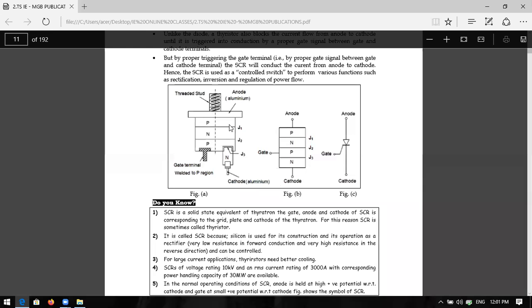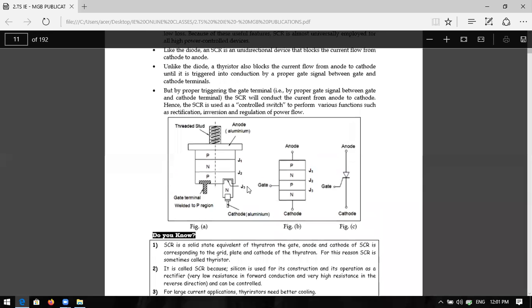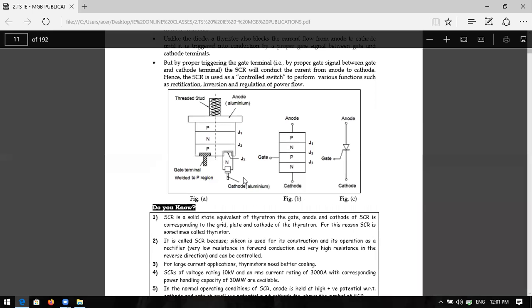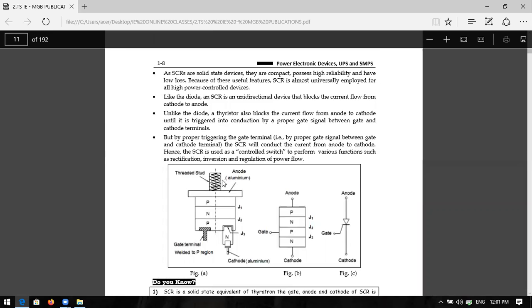Construction-wise it is like this. You take the gate terminal here, the anode is connected to an aluminum electrode, and the cathode is also taken with an aluminum electrode. So the electrode used here is aluminum.